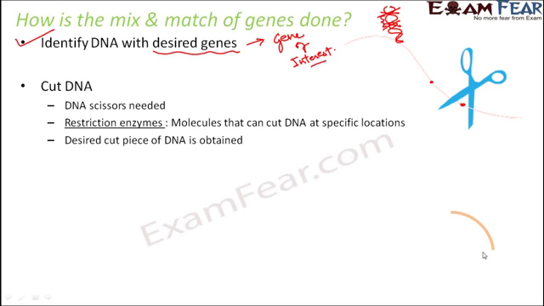So this piece of DNA contains the desired gene. Now what do we do with this piece of DNA? Our job is to insert this DNA, or introduce it, inside the target organism. That is, how do we introduce this DNA inside another target organism?